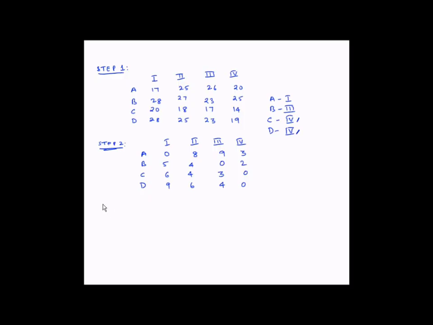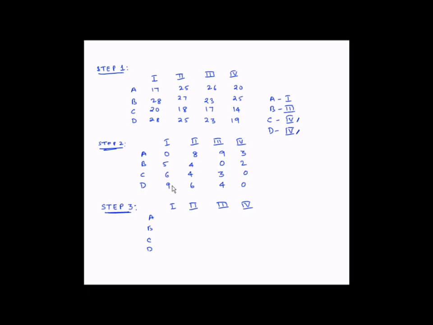So hence our step number 3. So we have A, B, C, D and 1, 2, 3, 4. Let's go for the first column.